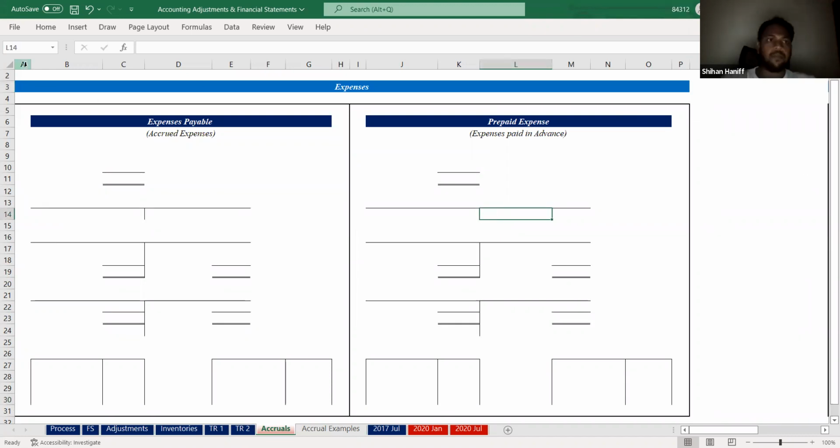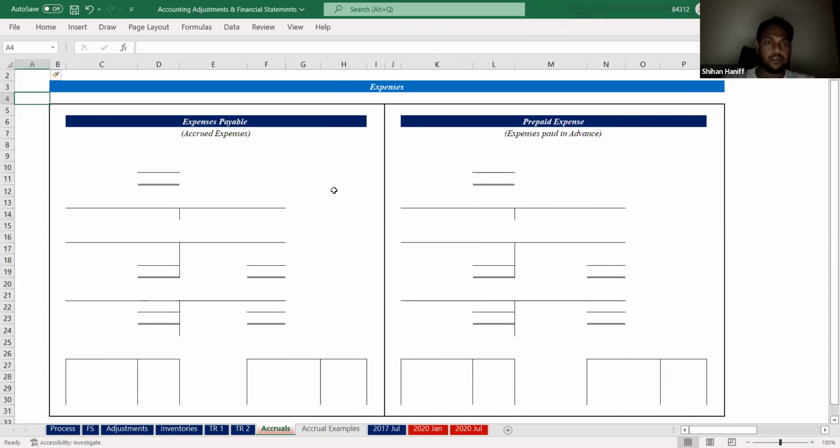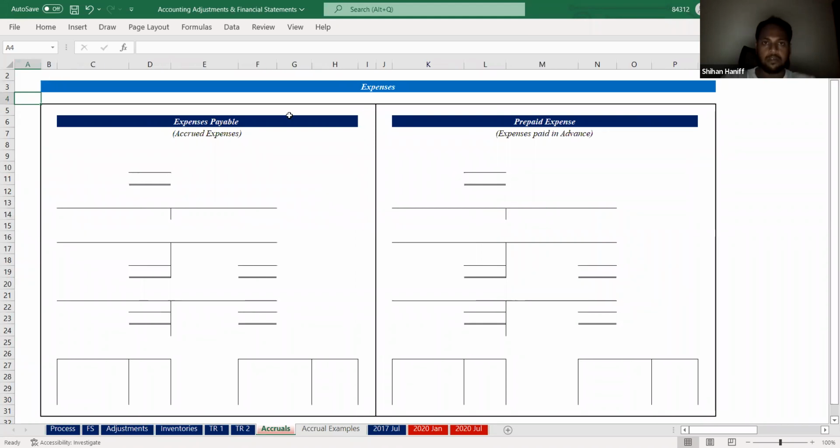So let's start with expenses. As I said, I have taken two types: expenses payable and prepaid expenses.